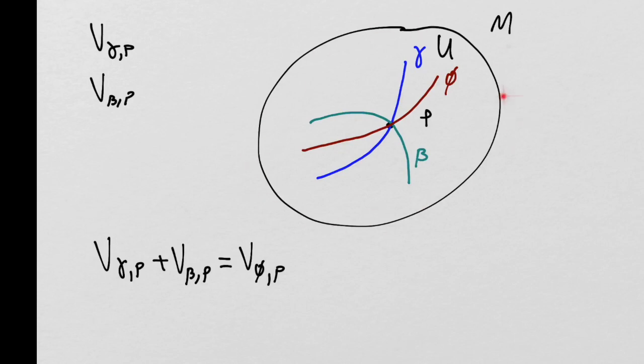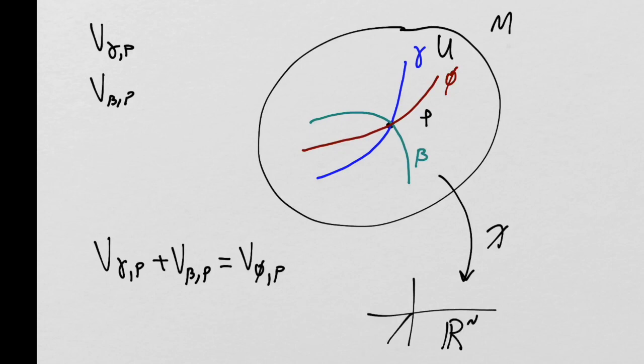This chart exists, as we've talked about, and now we're going to reintroduce the all-important chart mapping x, which takes this manifold and puts us into Rn. Now, previously I've been saying you just have to have this mentally established in your mind, and we don't need to explicitly think about it.